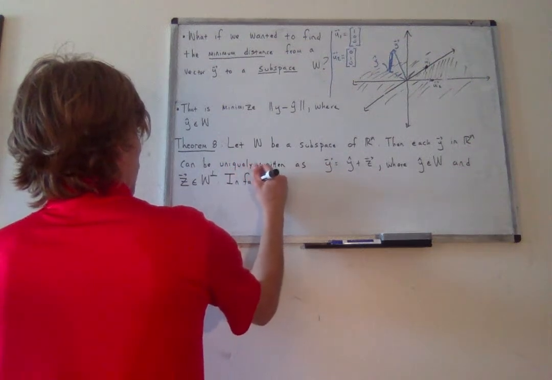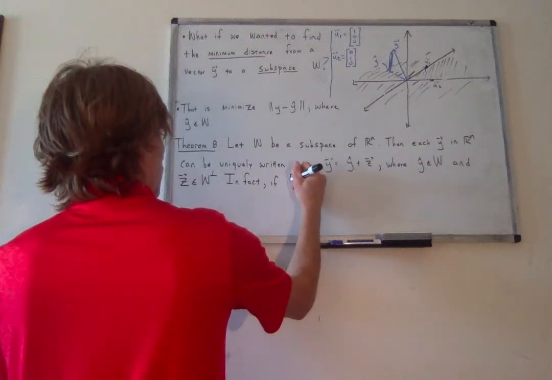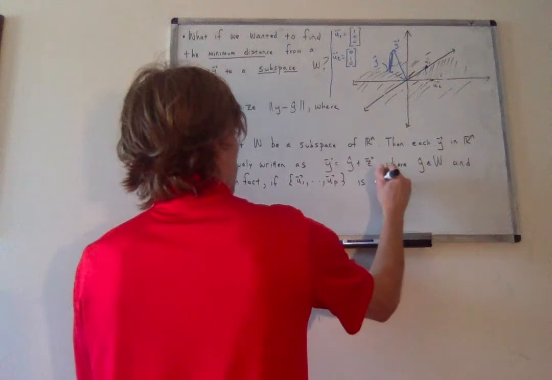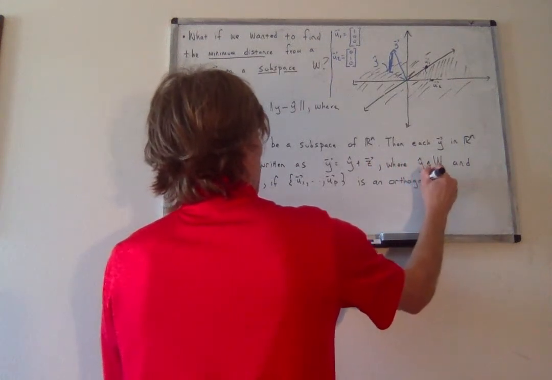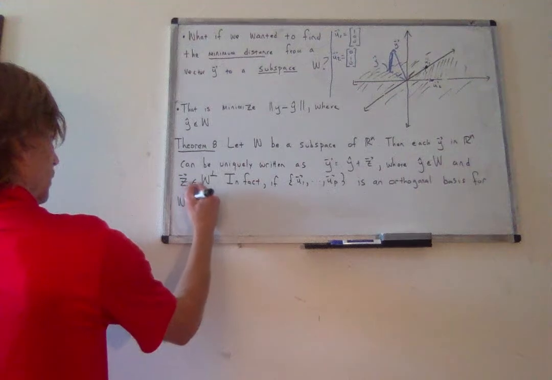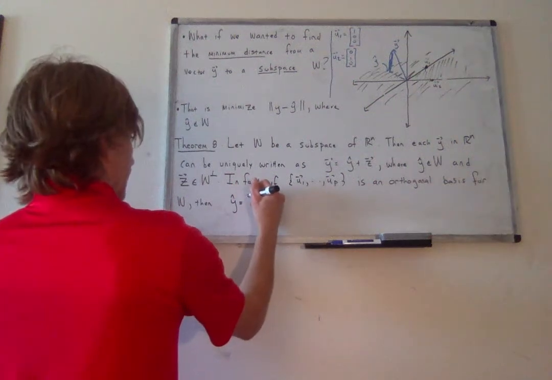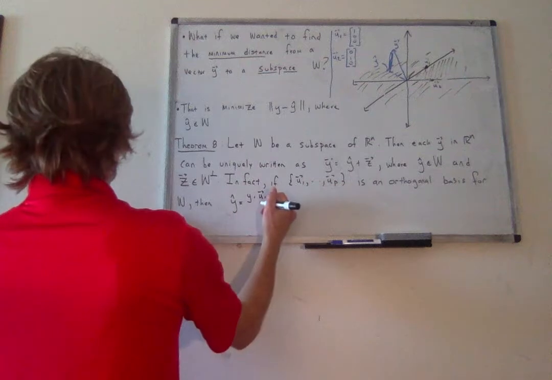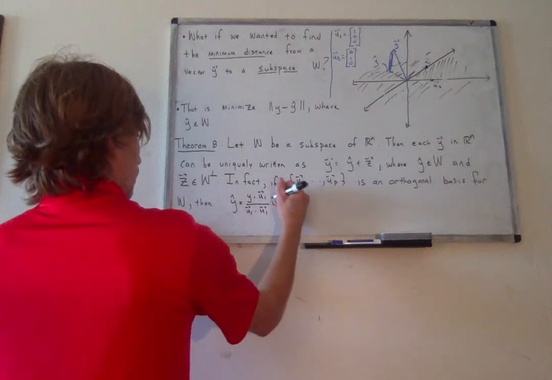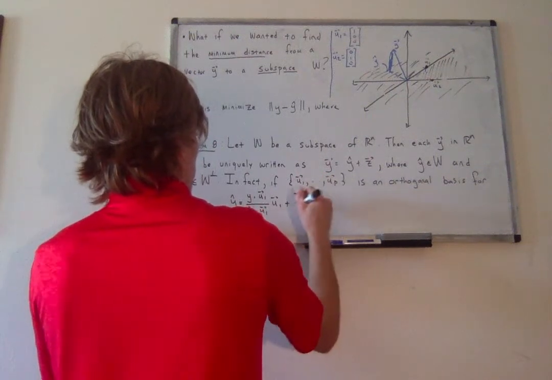If we have an orthogonal basis, and notice I've drawn u1 and u2 to be an orthogonal basis, but in general, if we have an orthogonal basis of p vectors for W, then we know what y hat is, and it should look a lot like the orthogonal projection of y onto a single vector, because it is in fact the sum of the orthogonal projections of y onto the basis vectors.